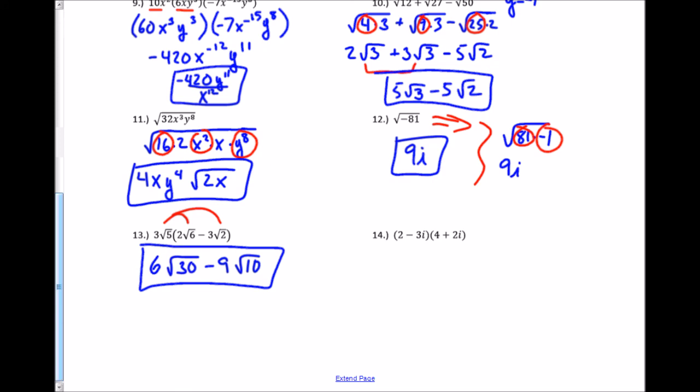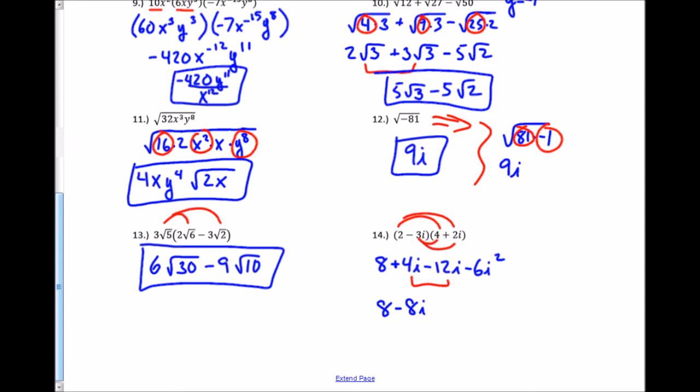Okay? This one I want to distribute or FOIL here. So I'm going to distribute the 2. When I distribute the 2, that gives me an 8 plus 4i. And now I distribute the negative 3i. That gives me a negative 12i minus 6i squared. And now I can combine like terms here. That gives me an 8 minus 8i.